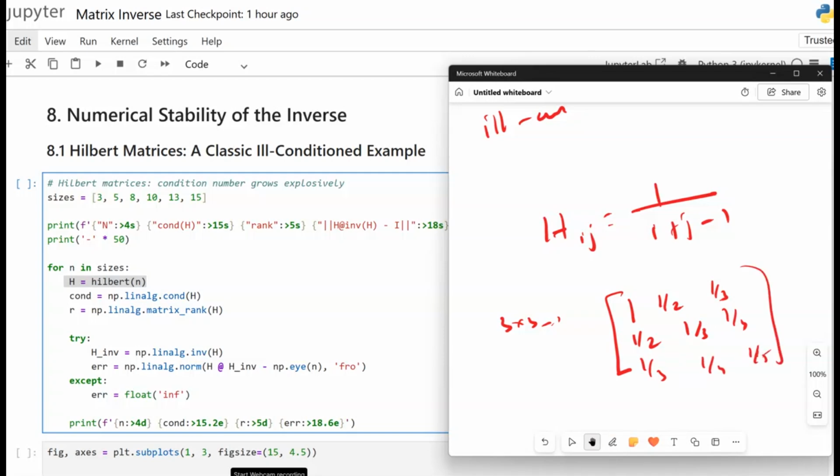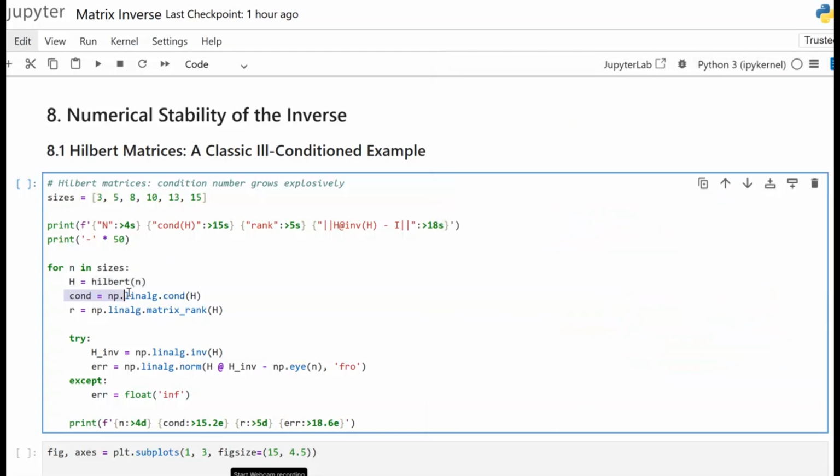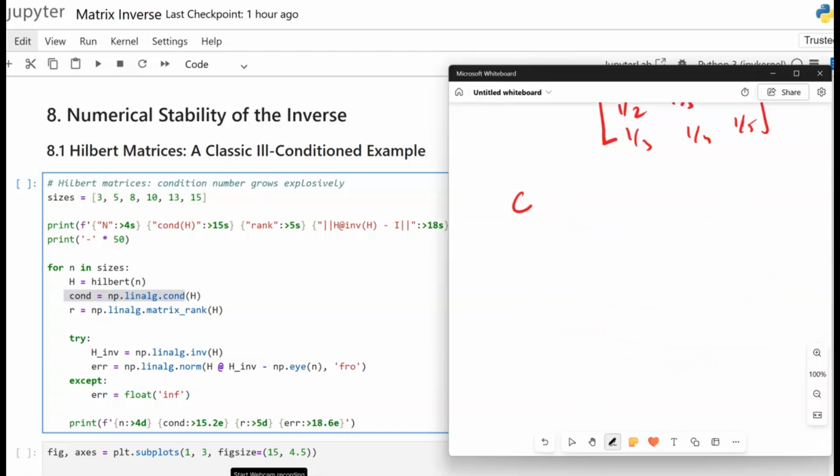One more thing, we have defined a condition number, and this defines the exact functionality. The condition number gives kappa of H, which equals the norm of H times the norm of H inverse. This measures sensitivity to numerical errors.